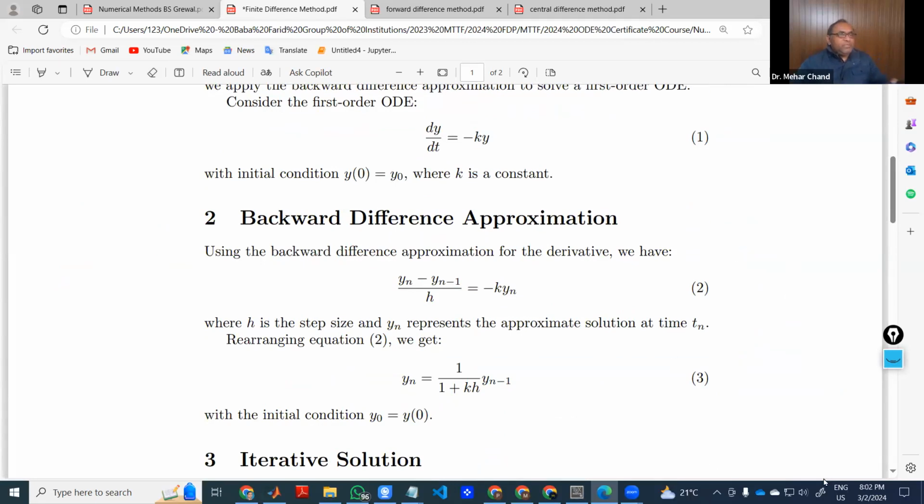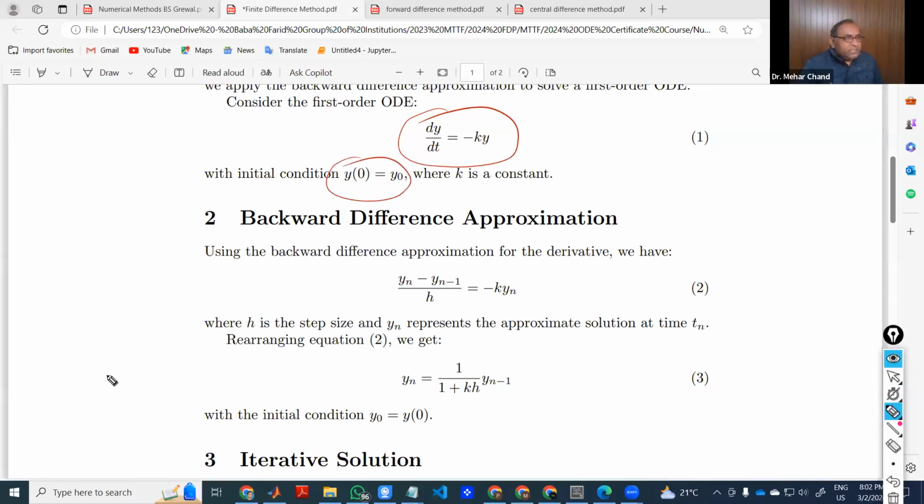So here you can see we are using the backward difference for this differential equation. This is the condition which we are given, y(0) equals y0. Here is t_n, this will be t_{n+1}, and here is t_{n-1}. If we use backward difference, then here is y_n and here is y_{n-1}, and the difference between these two points is h.